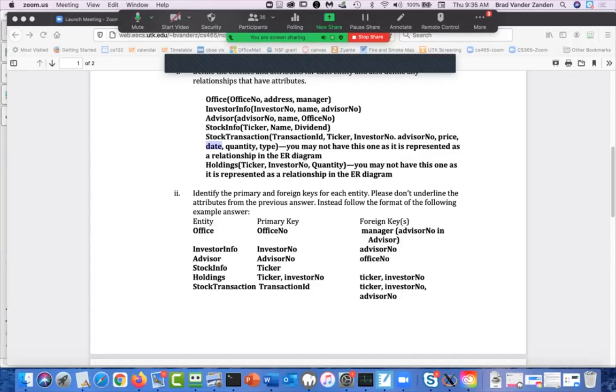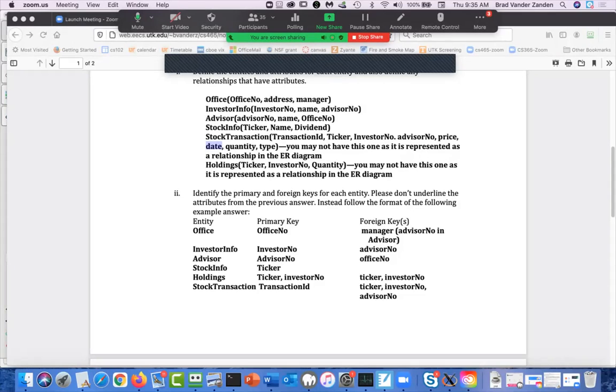An advisor belongs to an office, so it has a foreign key for office. A stock has a ticker, a name, and a dividend, so no foreign keys there. Then in holdings, the ticker and investor number are foreign keys into the stock and owner or investor relations. And for a stock transaction, the ticker, investor number, and advisor are foreign keys to the three entities involved in that relationship.